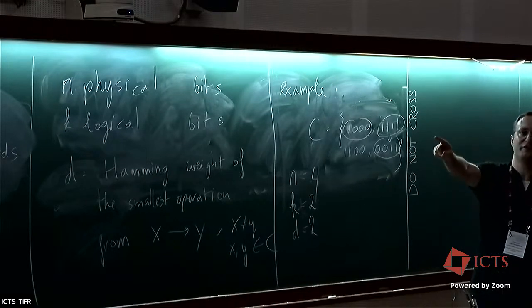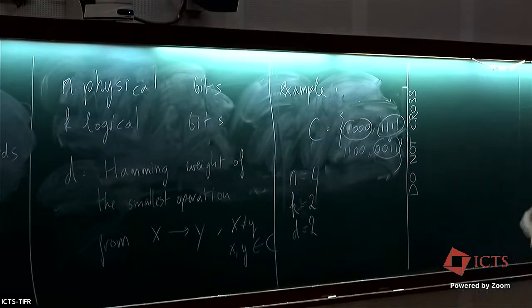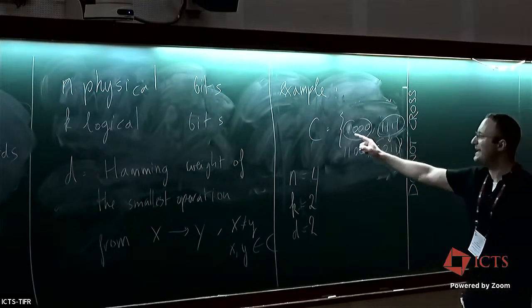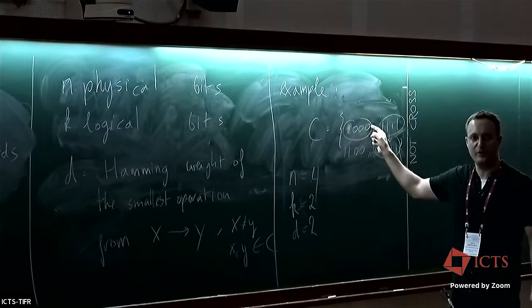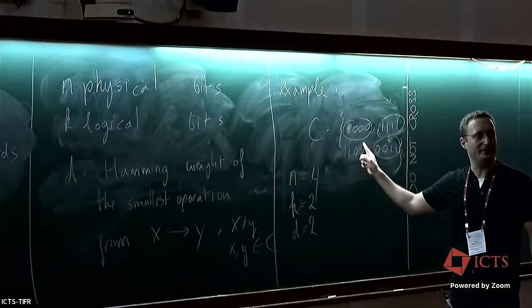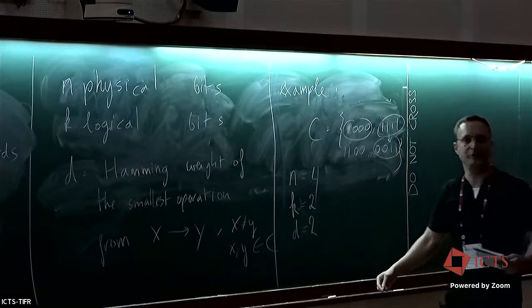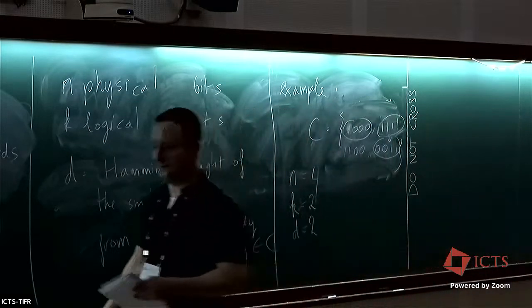But (d minus 1) over 2 is 0 if you floor, so you cannot correct this. Why can you not correct this? Because you don't know if it came from 0, 0, 0, 0, or if it came from this one. We have ambiguity, so you cannot correct this error.